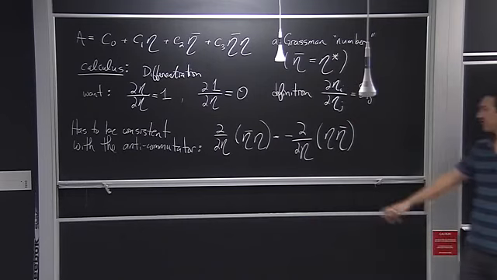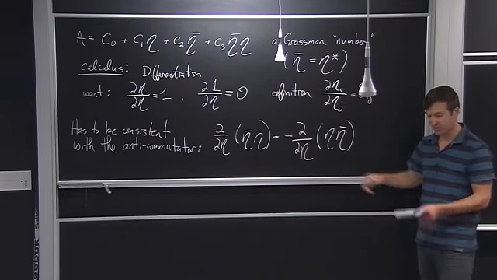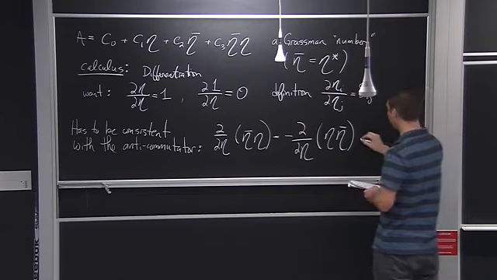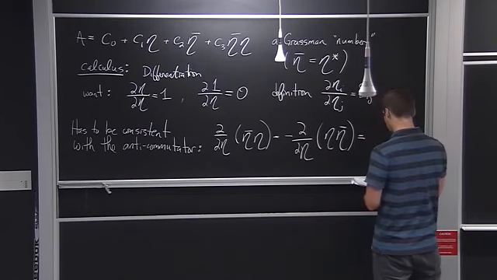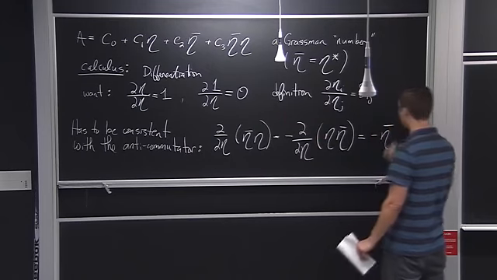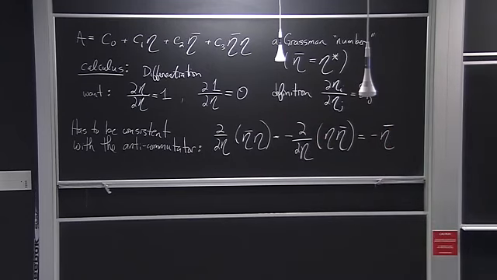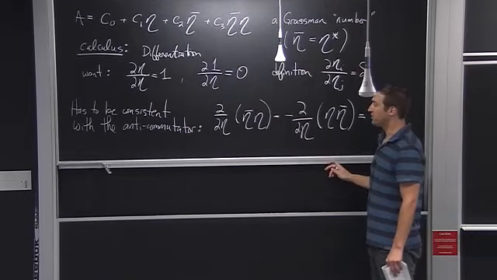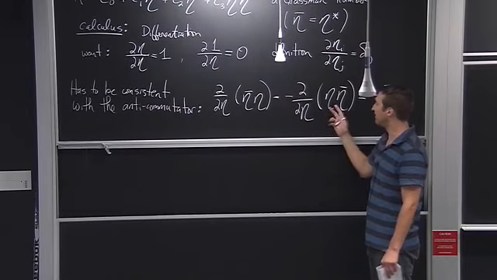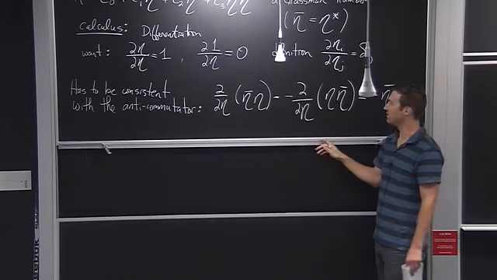That moves your differentiation operator next to the appropriate eta, which gives you 1. And so you'll have minus the conjugate variable. Okay, so that's what defines Grassmann numbers, is basically that minus sign.